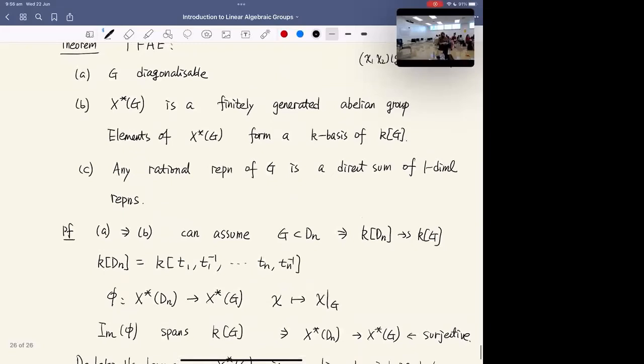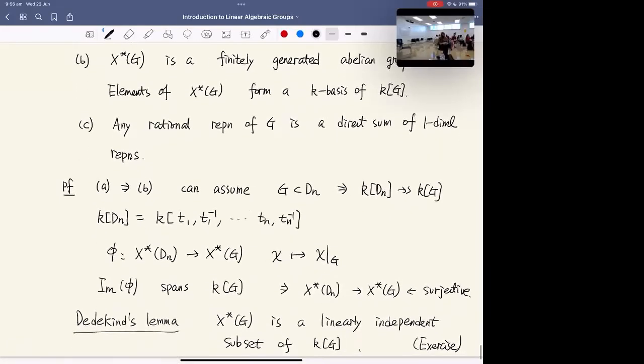And now, is it clear why any rational representation of G is going to be a direct sum of one-dimensional representations if G is diagonalizable? Okay, very good. Some of you are nodding. So the idea again is that you can simultaneously diagonalize them, right?